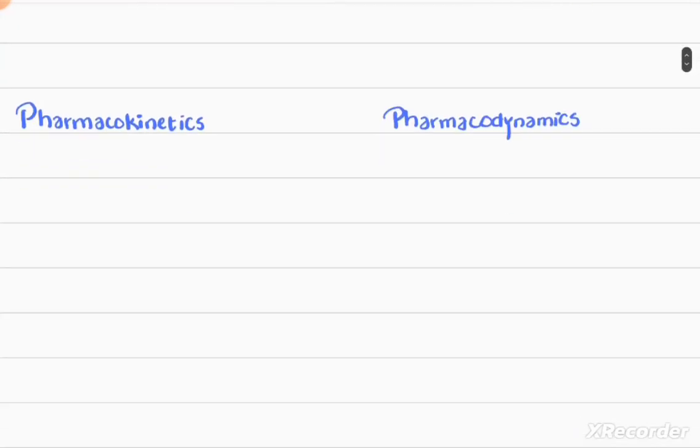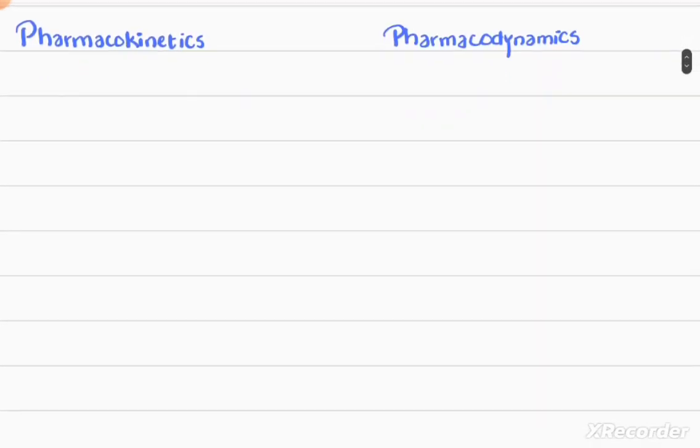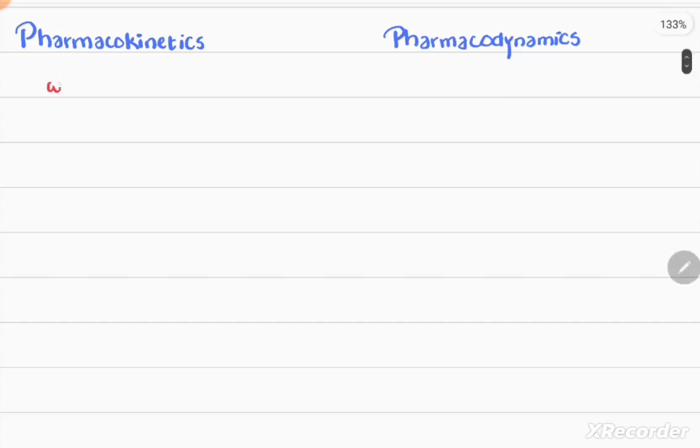So first we'll discuss the pharmacokinetics of the carbonic anhydrase inhibitors. They are well absorbed after oral administration. Hydrochlorothiazide is available in the oral tablet form and it is very well absorbed from the oral route.